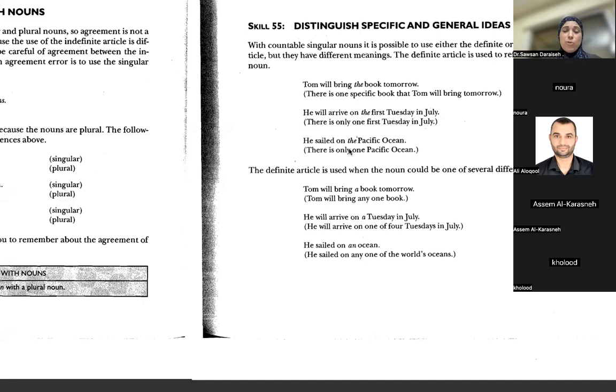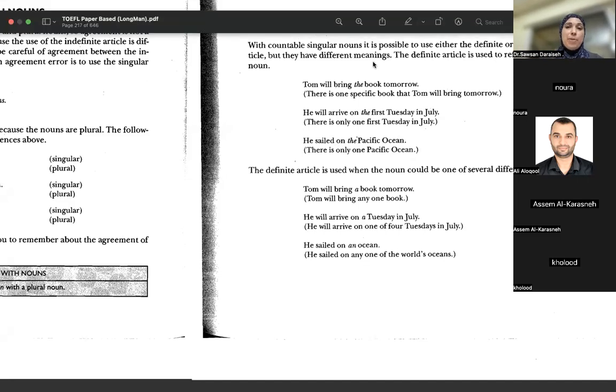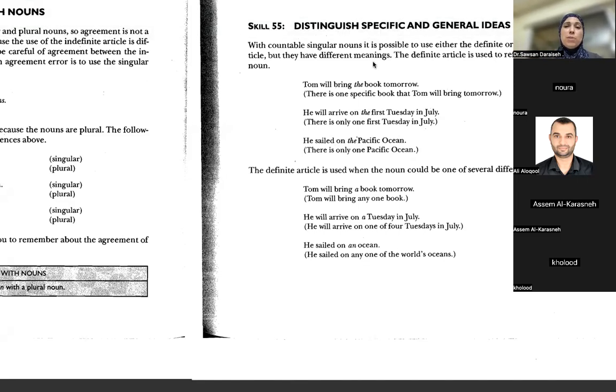Got the idea? One of those, all right? So any one of those oceans, all right? See how when I said the Pacific Ocean, it's a specific one, and it's called the Pacific Ocean. That specific ocean. هذا المحيط المحدد اسمه the Pacific. زي نمط specific, okay? So, all right.